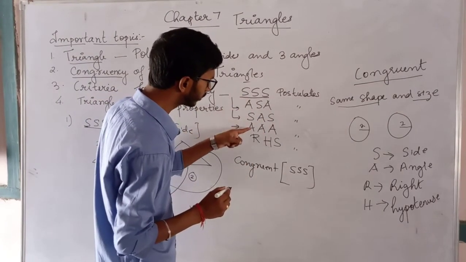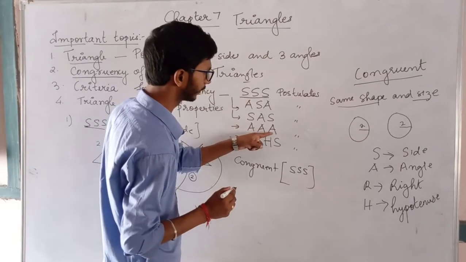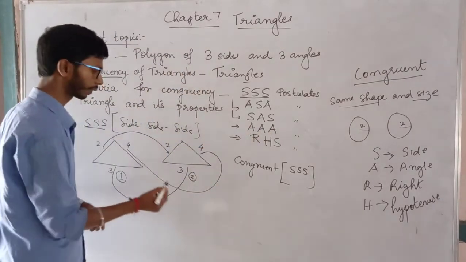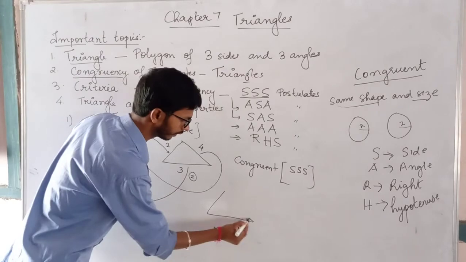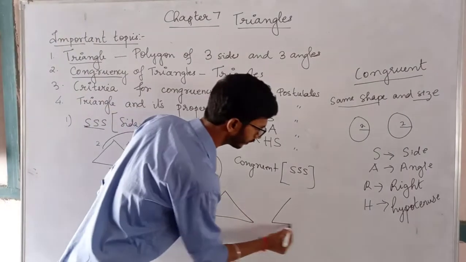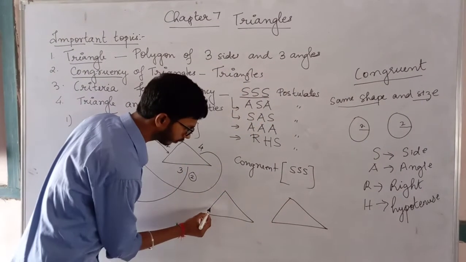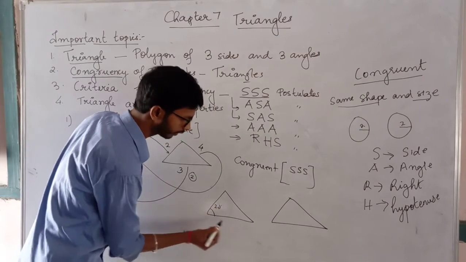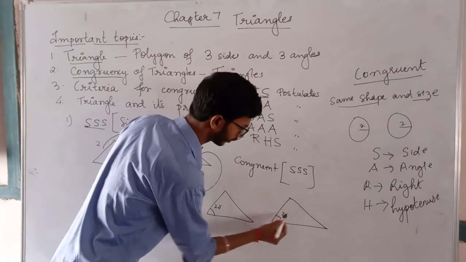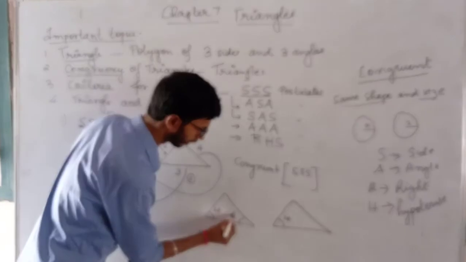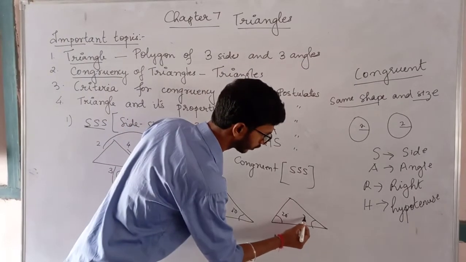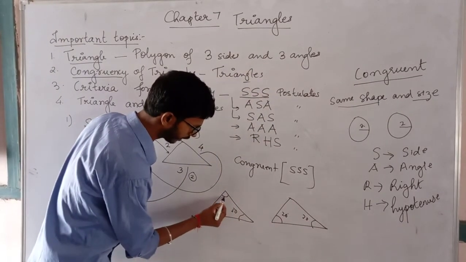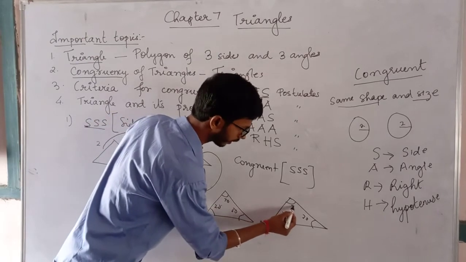Okay, let's go to triple A. Triple A is also the same. Here we have seen the sides, here we will see the angles. Suppose this angle is 20 degree, this is also 20. Suppose this angle is 30, this angle also 30. Suppose this angle is 70, this angle also 70.